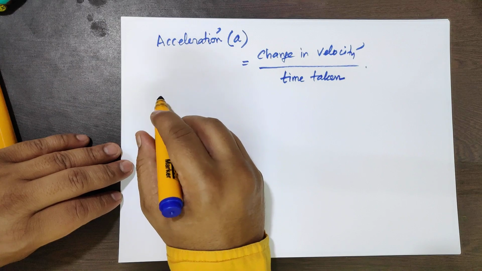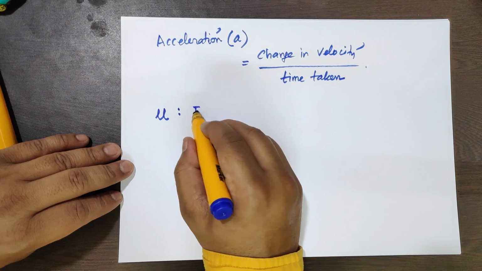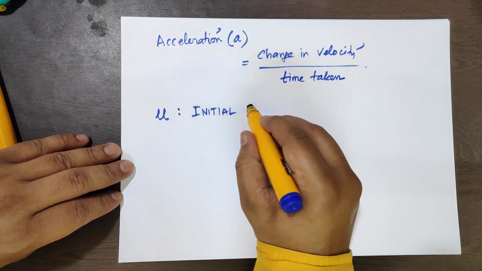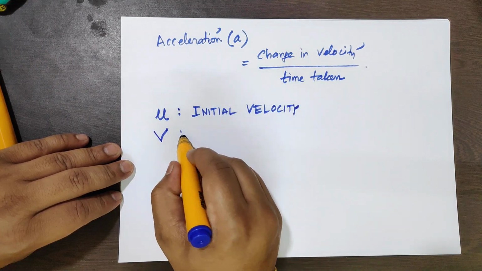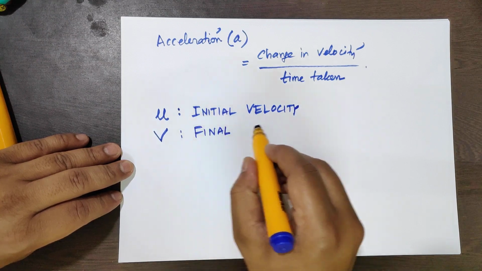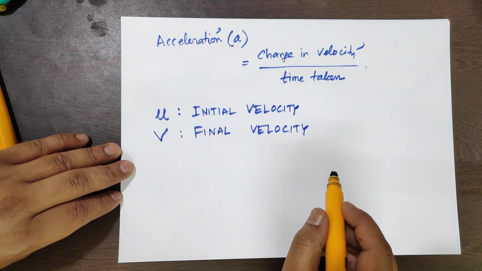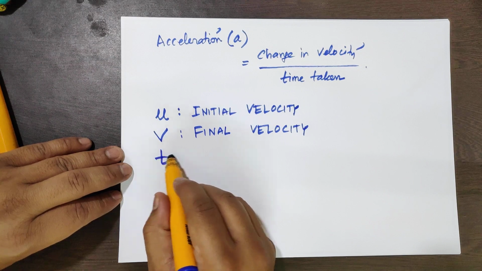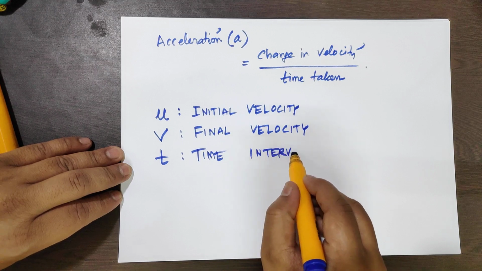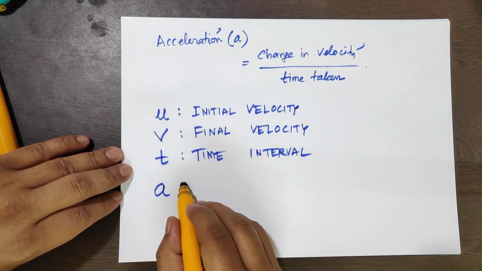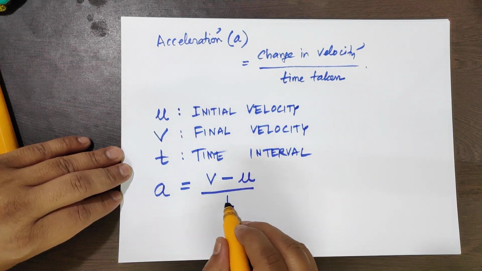Suppose u is the initial velocity, and v is the final velocity, and t is the time interval, then the acceleration is v minus u, the change in velocity, divided by the time interval.